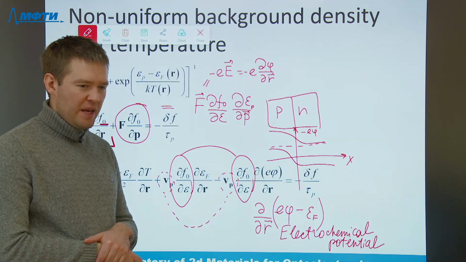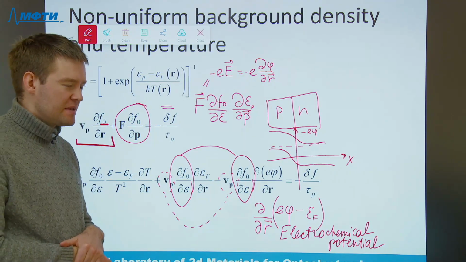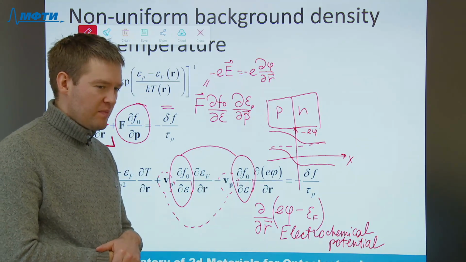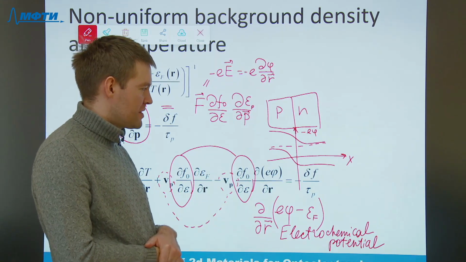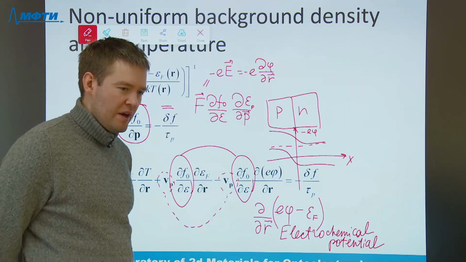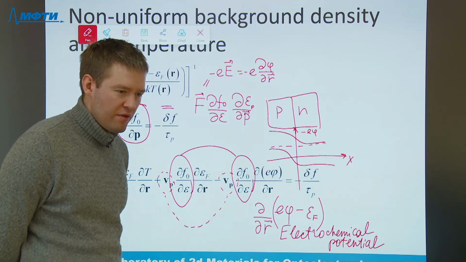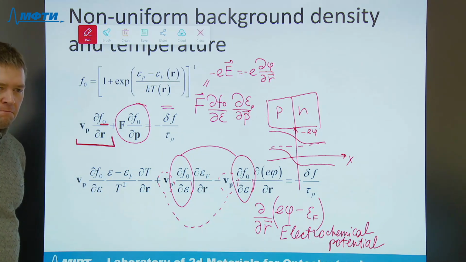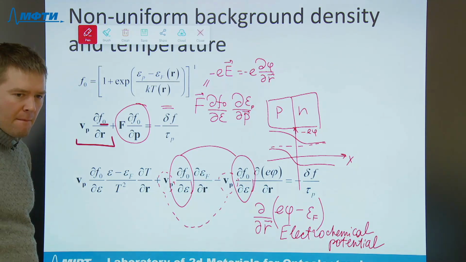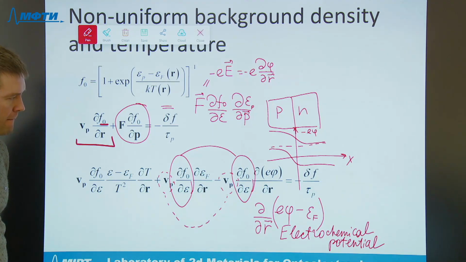You can bring either physical arguments why current should not exist despite the presence of electric force, or you can bring mathematical arguments from what we have written just before. If we look at the formula, then we can suggest that Fermi levels will counterbalance the potential part in the gradient.